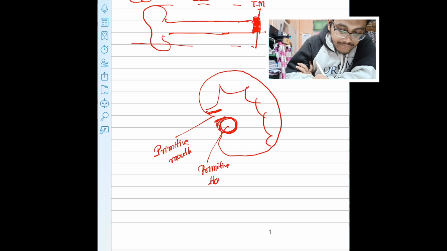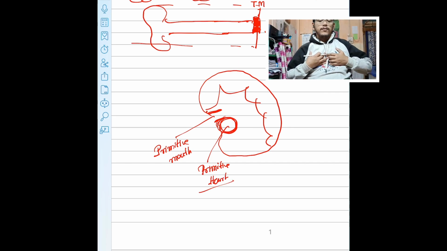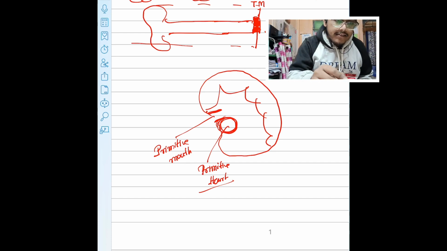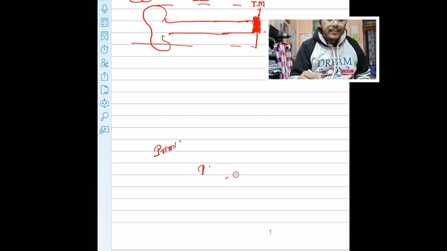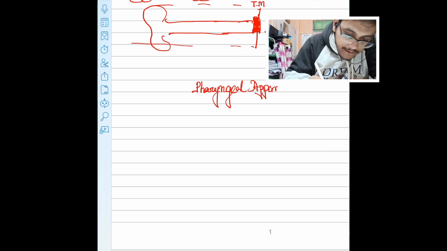So we can see between the heart and our brain vesicle there is a gap, our neck part. That neck part is developed from something called the pharyngeal apparatus.